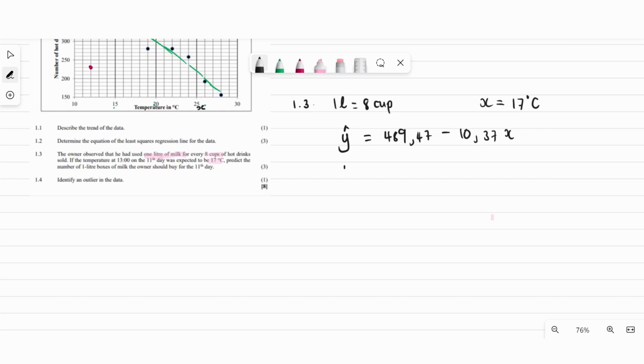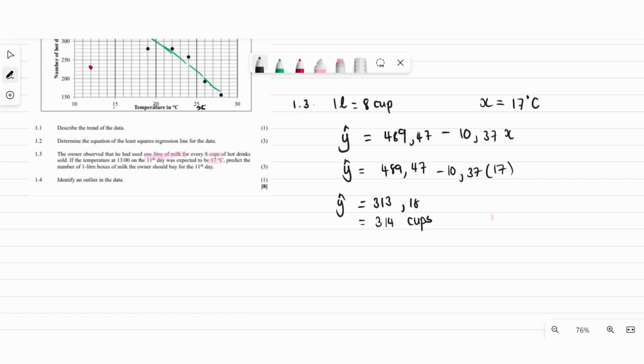When we're done substituting the 17, the temperature, and punch this into the calculator, we're going to get Y, the number of cups, to be 313.18, right? But since it's cups, there isn't any half cup, so we're going to round this off to the nearest whole number, meaning rounding upwards. So 314 cups were sold on the day at this temperature.